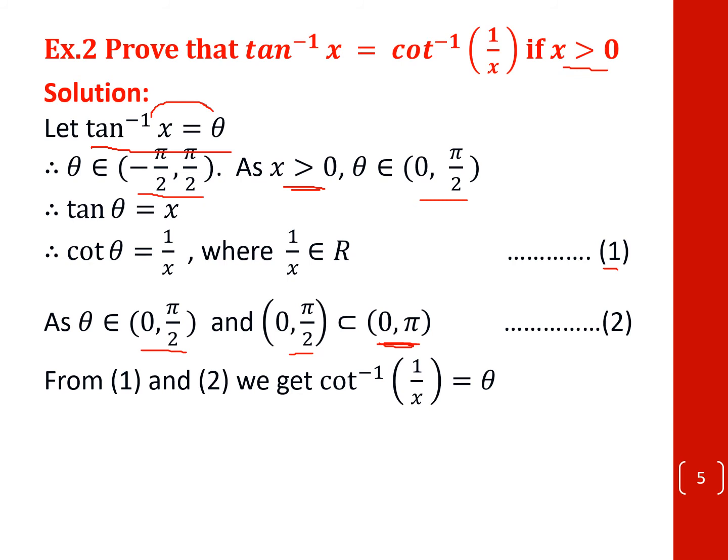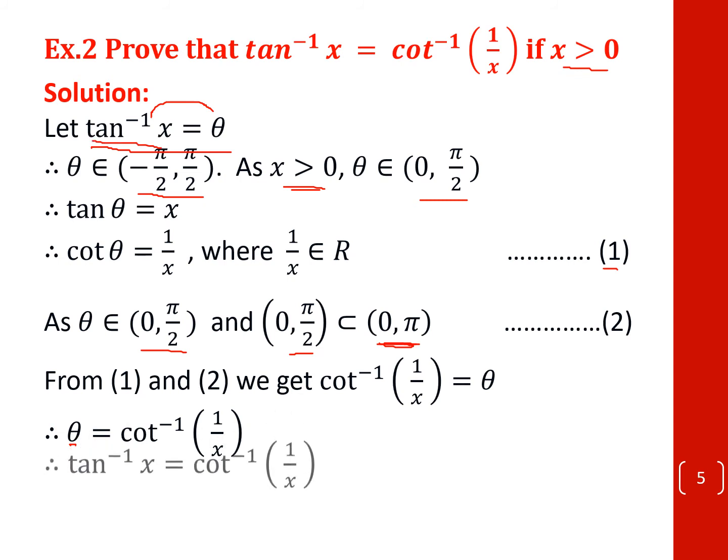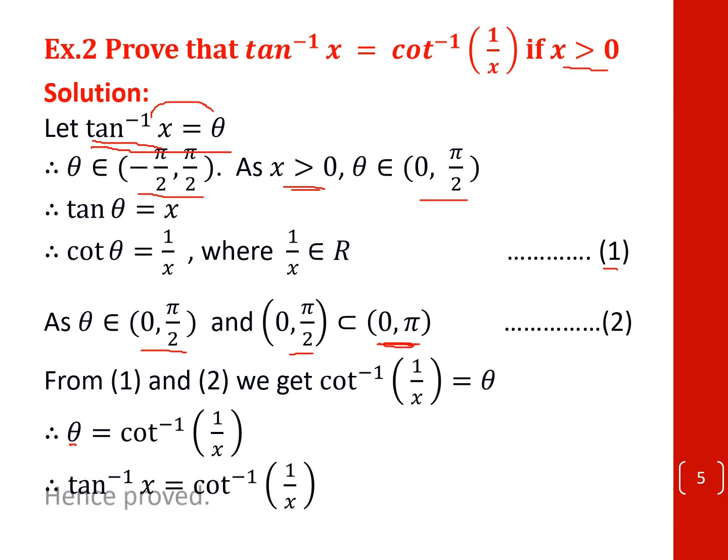So from 1 and 2 we get cot⁻¹(1/x) = θ. Therefore θ = cot⁻¹(1/x). And what is our θ? Which is nothing but tan⁻¹x. Therefore tan⁻¹x = cot⁻¹(1/x). Hence proved.